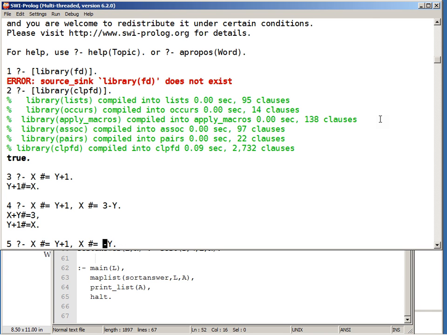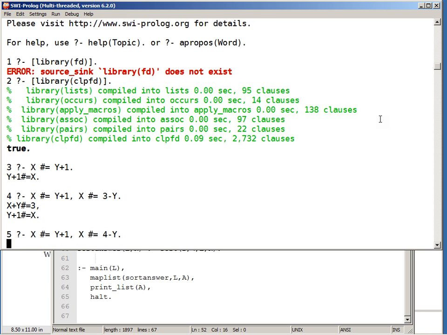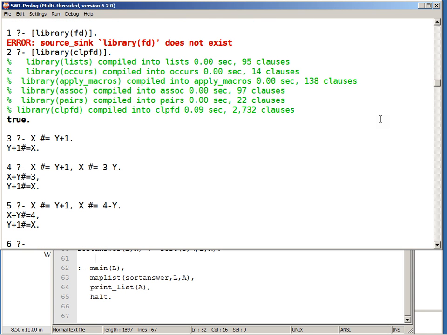I think 4 will give me integers: X is 4 minus Y. So this will have Y equals 1 and X equals 2 as solutions. So you might say, well, now the system should have enough information to derive a unique solution from there. But you see, the system actually doesn't do that, right?